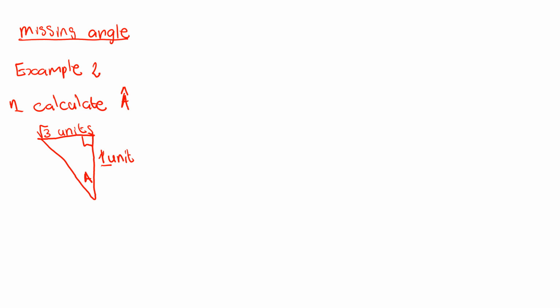So what can you do? Remember, the first thing we do, we must identify the sides. So from your angle to your 90 degrees, your adjacent side. Your 90 degrees faces your hypotenuse. The remaining side will be your opposite. Never forget that.